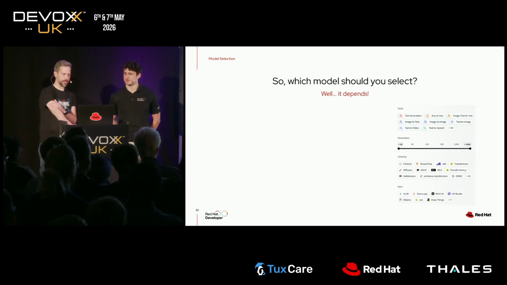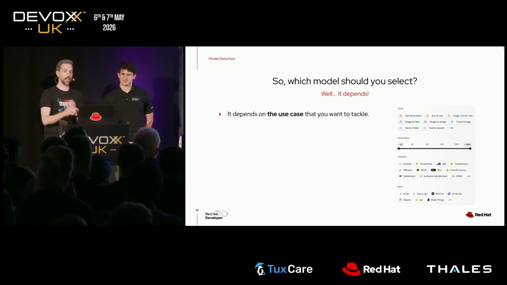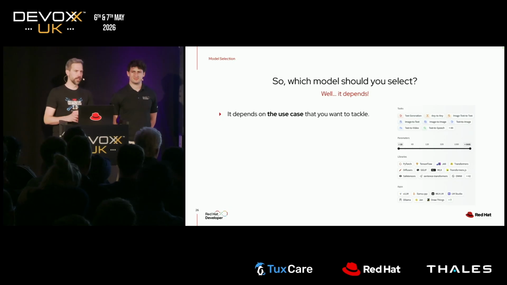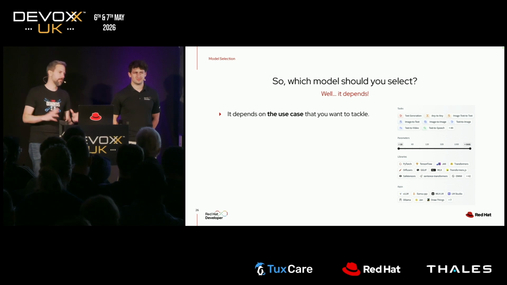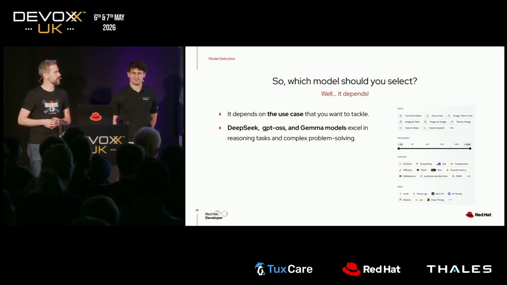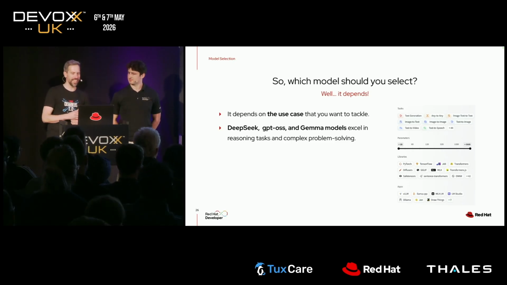Yep, from downloads. So which model to select depends on your use case and the scenario that you're using it for. And that's where you really need to keep in mind: you can't just use one model and think it's going to solve all your use cases. It can, maybe, but not as well as if you choose the right model for the right use case. We gave a couple of examples here. This is a non-exhaustive list and it changes every day.